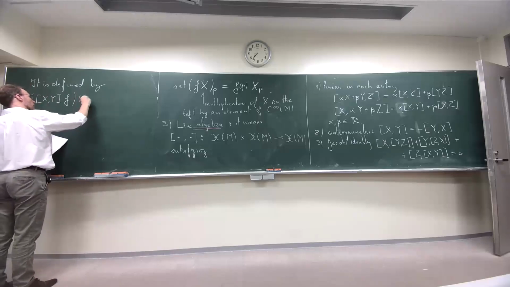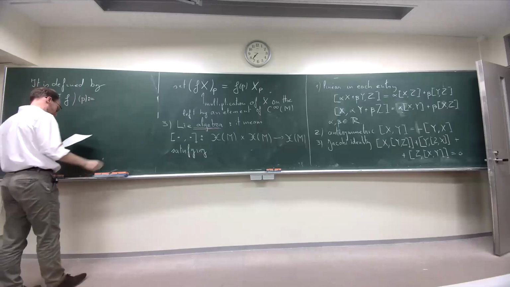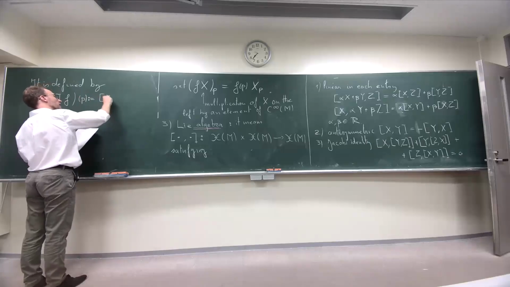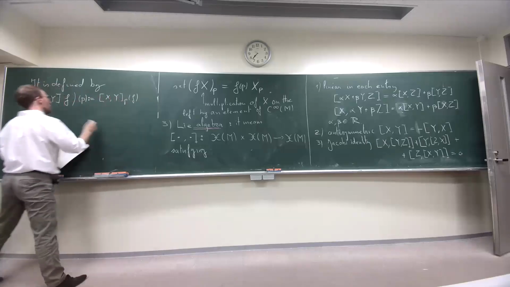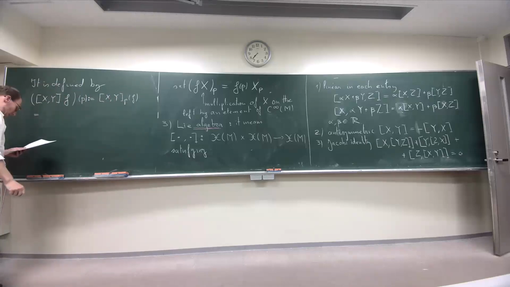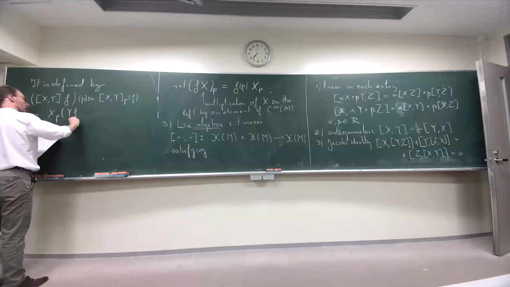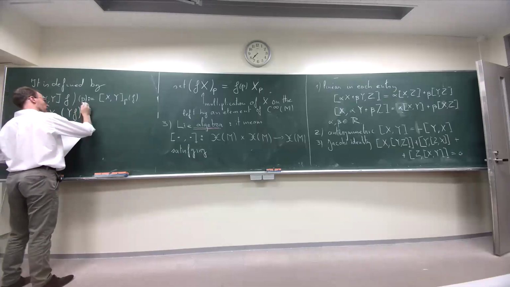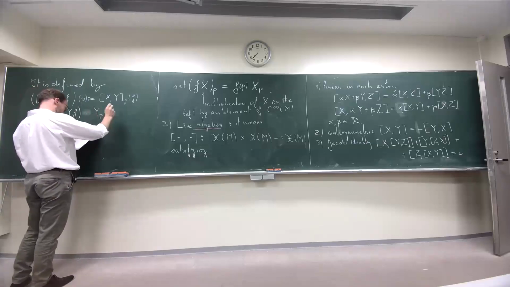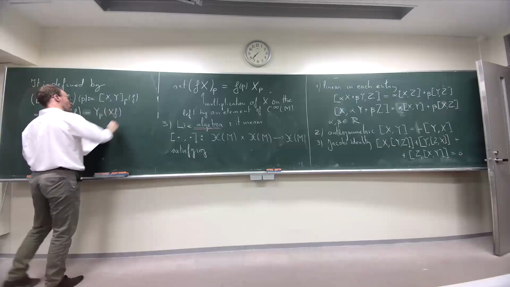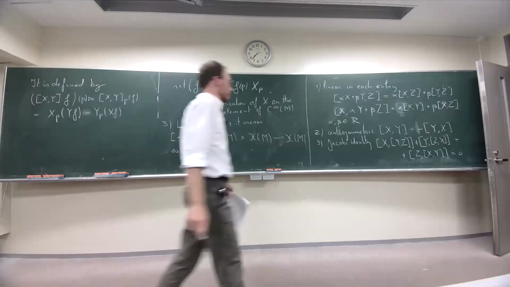It's given by X_p (Y f) minus Y_p (X f). Okay, it's not completely trivial. It looks simple, but please be careful.